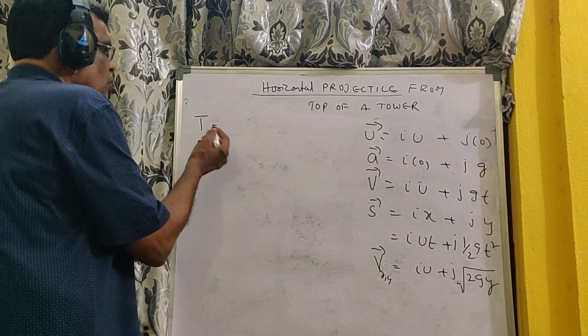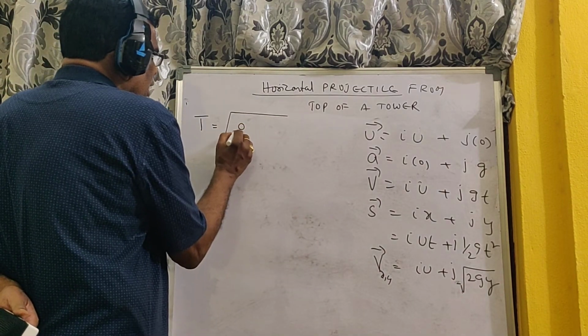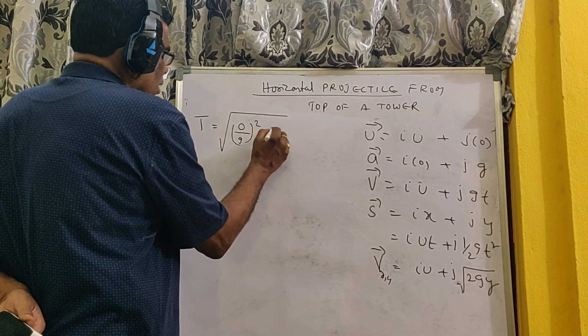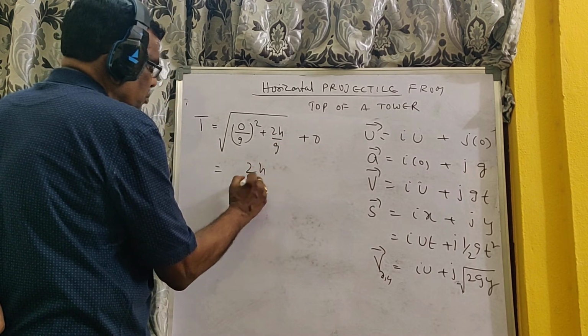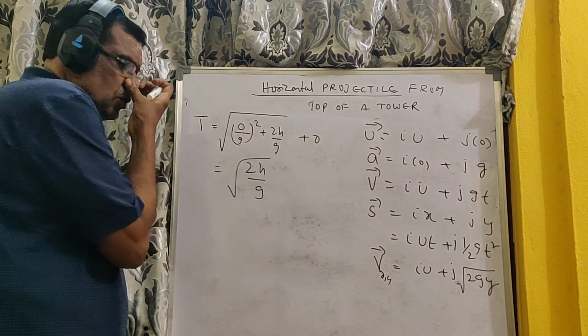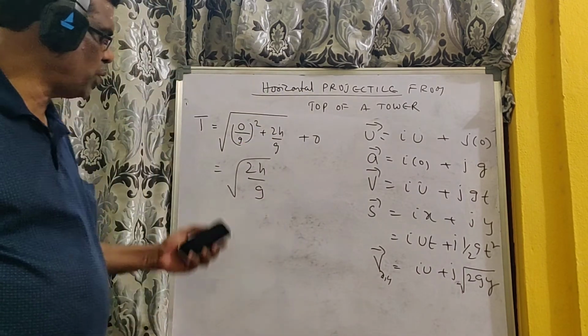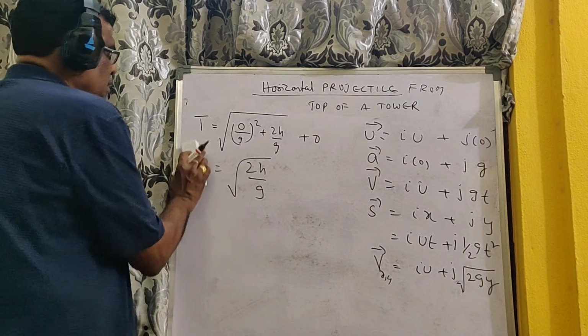So, theta 0 means what do you get? I write it for you here. u sin theta by g whole square plus 2h by g plus 0. So the time of flight in the case of a horizontal projectile is under root 2h by g.